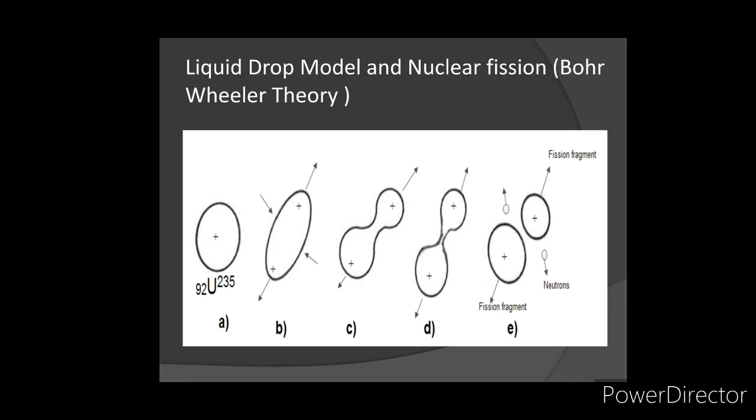In this figure, uranium-235 is considered our nucleus, and when it is bombarded with a neutron, it gets excited.